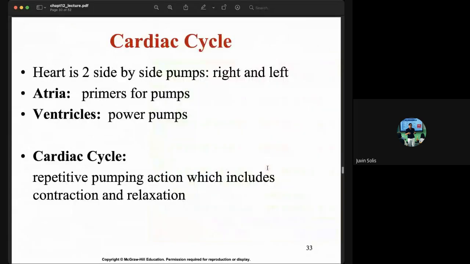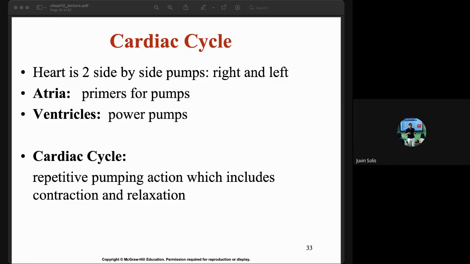So we have here your cardiac cycle. Your heart is a side-by-side pump, the left and the right. Your atria is your primer for pumps. Kanina sabi nga natin dito, minimal lang yung pump ng atria, but they start the pumping. While the ventricles, they are the power pumps.